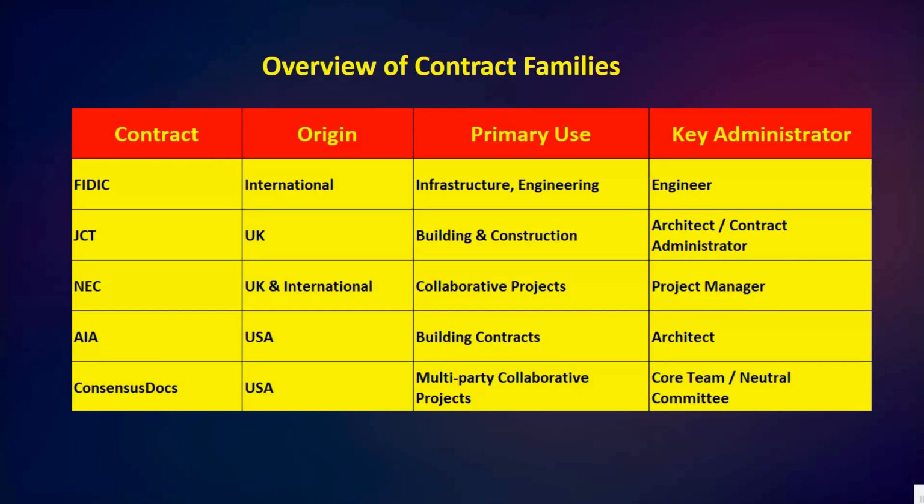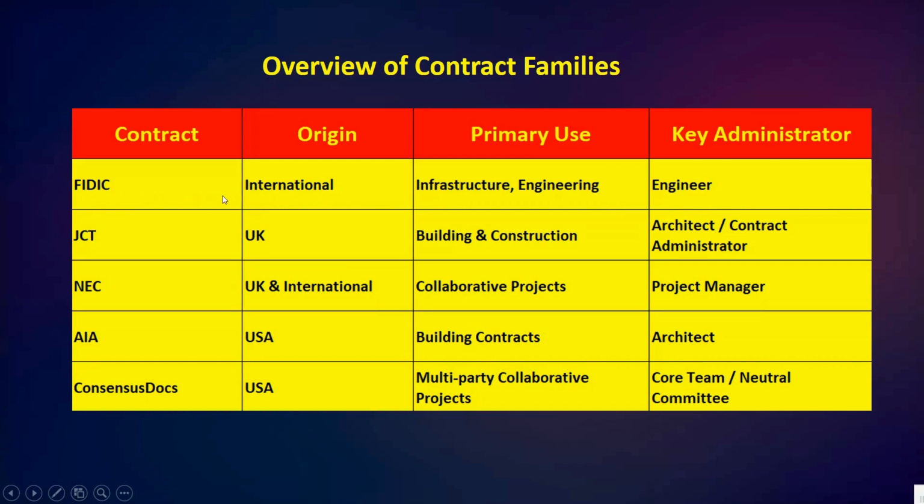Next we have the overview of contract families. Here you can see the contract types in the column: FIDIC, JCT, NEC, AIA, ConsensusDocs. Then we have origin, primary use, and key administrator. Let's discuss one by one. First, we have FIDIC.